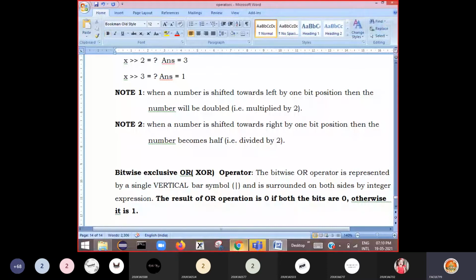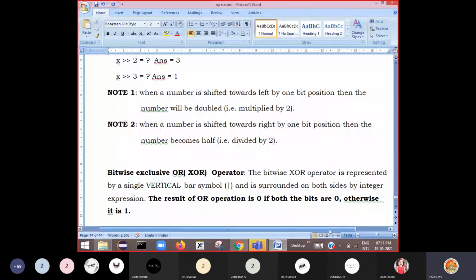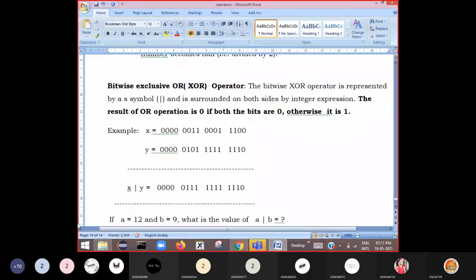The bitwise exclusive OR operator is represented by the symbol.